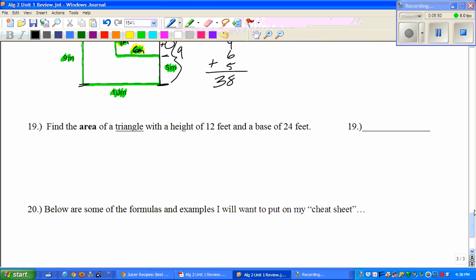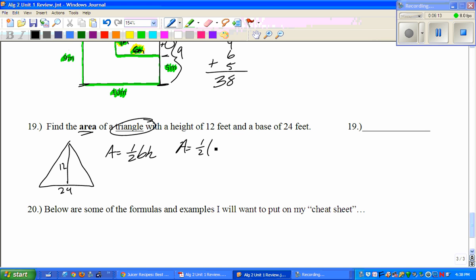Number 19 says find the area of a triangle. We've got a triangle whose height is 12 and the base is 24. Let's remember the area of a triangle is 1/2 base times height. So all you need to do is plug in those numbers, 24 and 12.